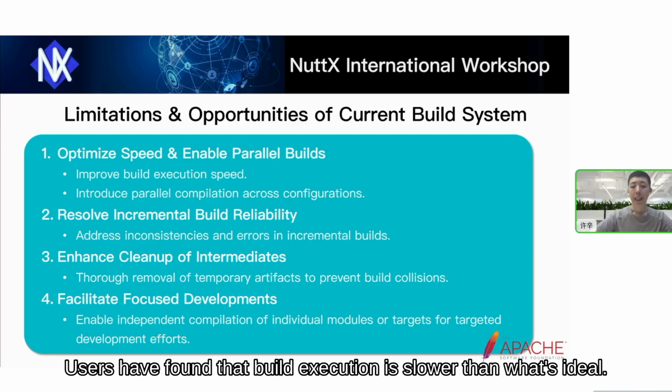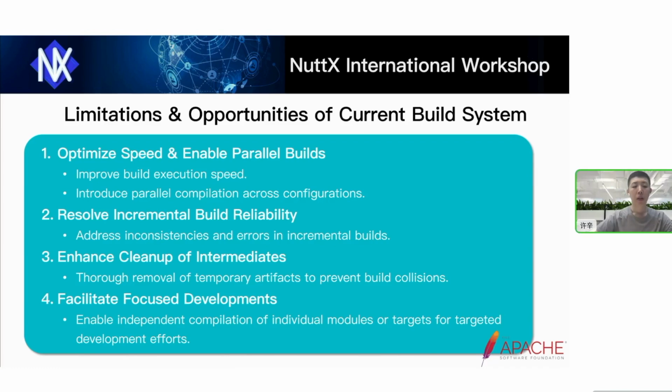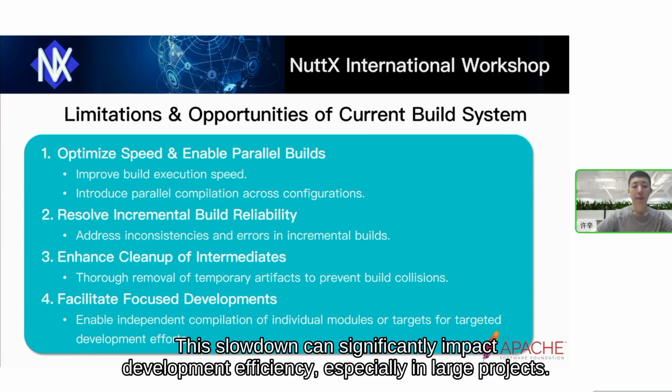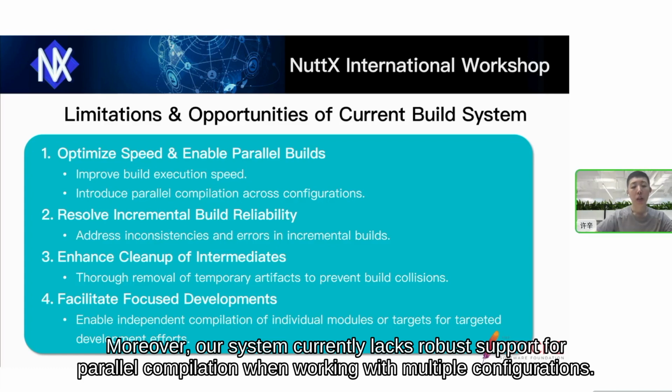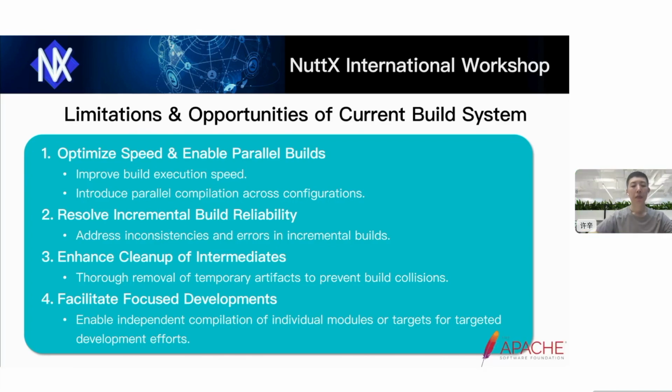Users have found that build execution is slower than what's ideal. This slowdown can significantly impact development efficiency, especially in large projects. Moreover, our system currently lacks robust support for parallel compilation when working with multiple configurations.